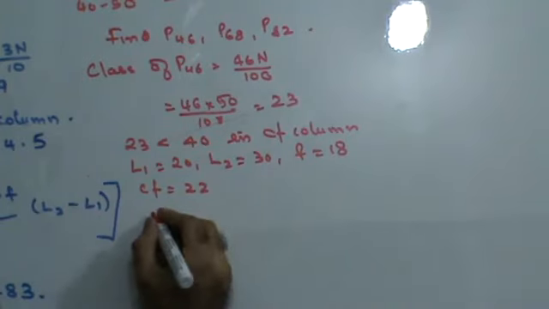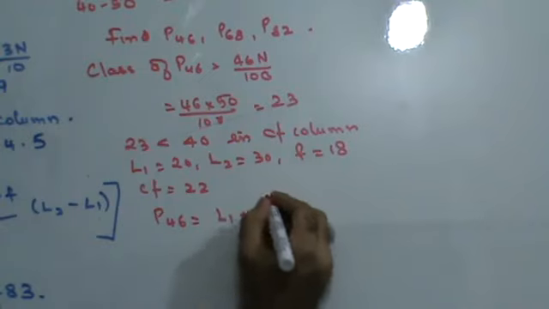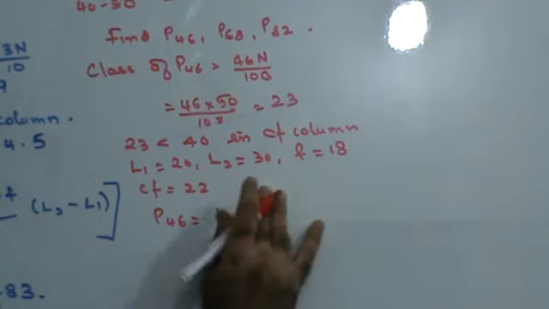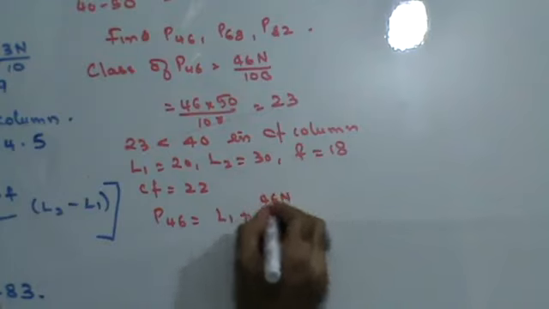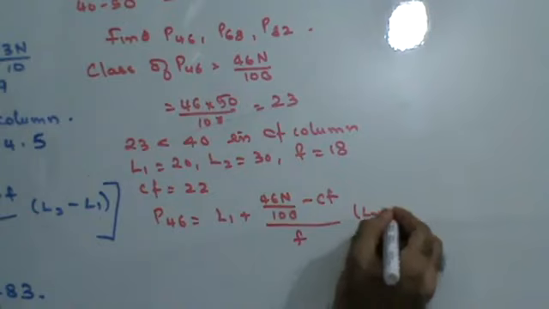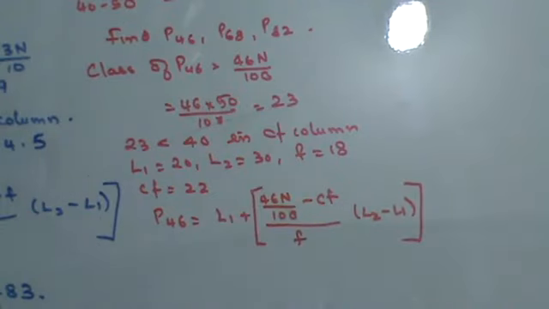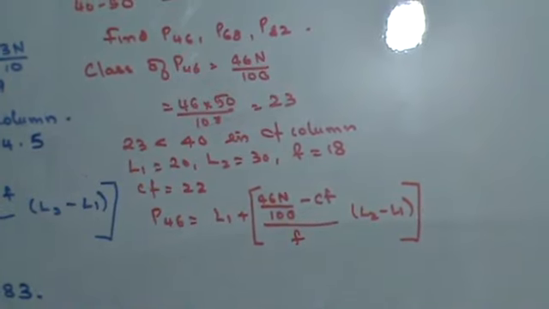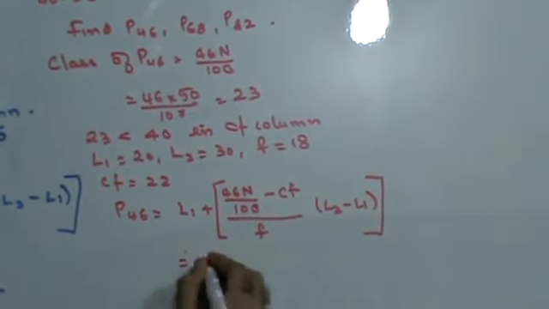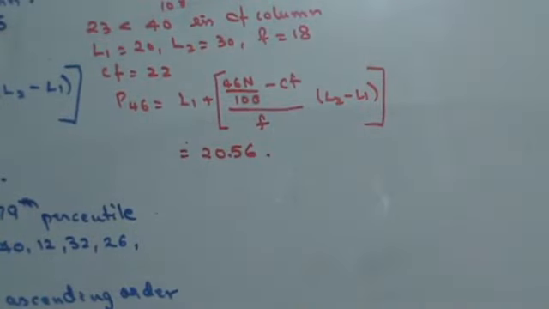Once you have this, then you can find out P46. P46 is L1 plus 46n upon 100 minus CF upon F, times L2 minus L1. Right? Substitute your values, you should be able to get the answer. The answer for this should be 20.56. Right? That will be your P46.